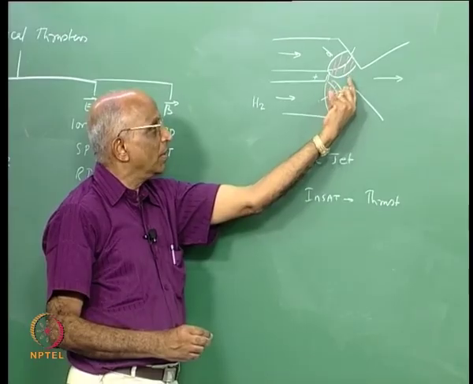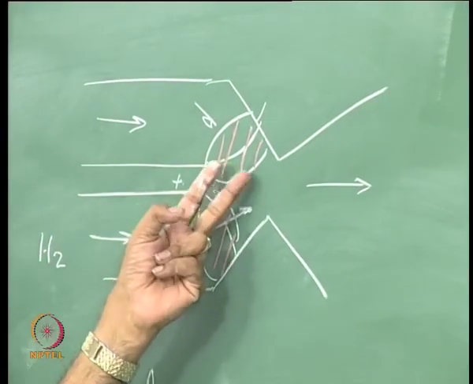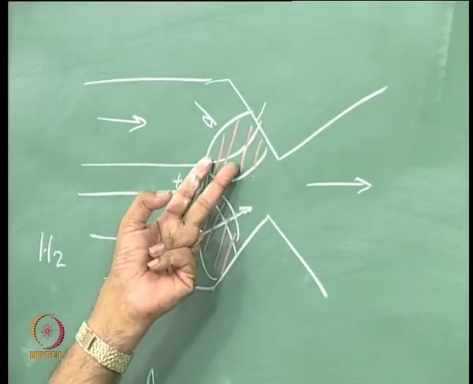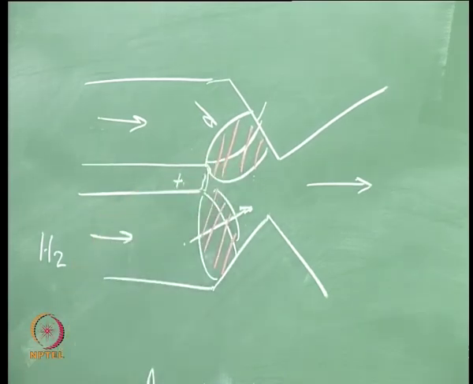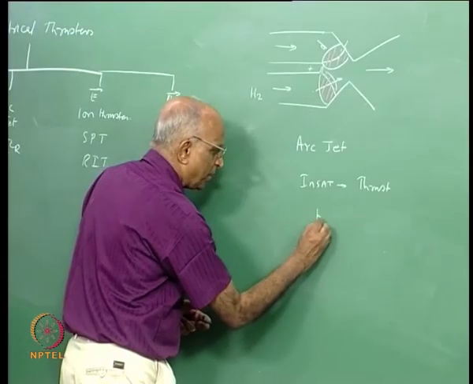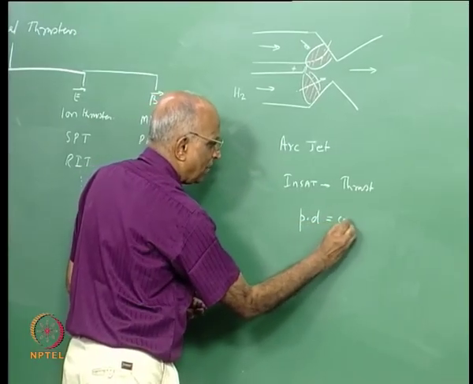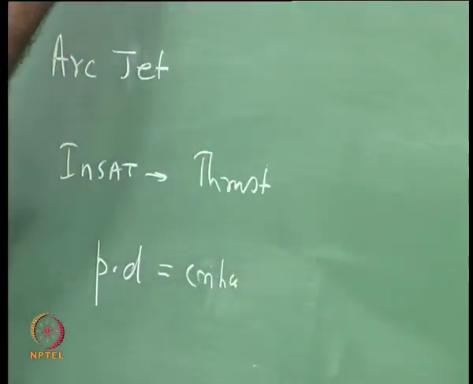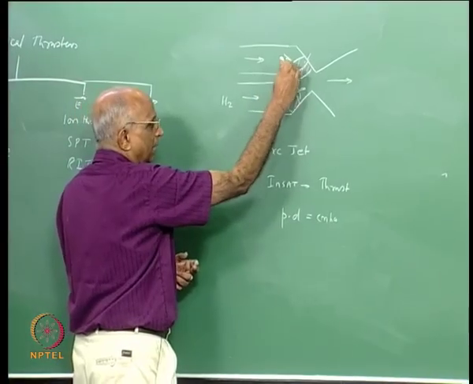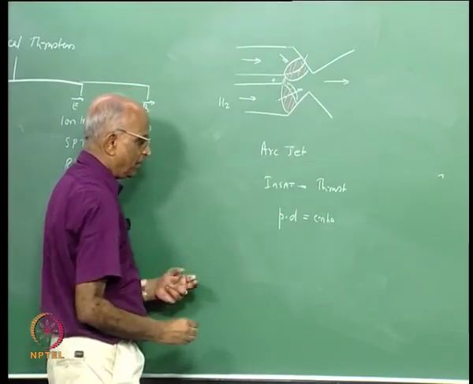When I start supplying the gas, the vacuum level comes down, and if the vacuum level drops to a level wherein the product of pressure into the distance is a critical value, I get something like a discharge coming, I can heat the gas and I can get a thruster.